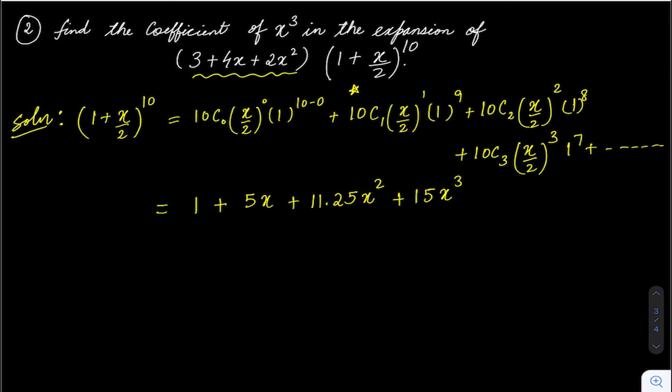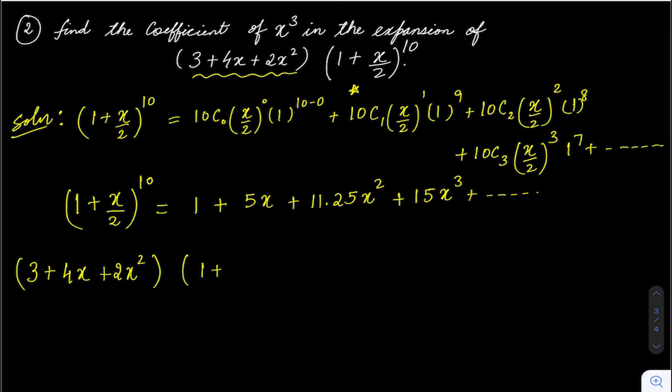Okay, so plus dot dot, some other terms are also there. So now we have found all the values in ascending power and till x cube. So next step is we will write both the terms together now. So (3 plus 4x plus 2x square) times (1 plus 5x plus 11.25 x square plus 15x cube plus some other terms which are irrelevant now).